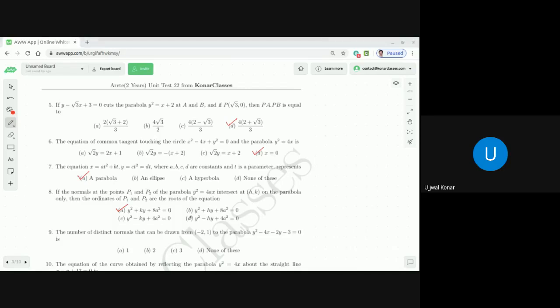Similarly, you can get the other one in the same manner, dear students. The equation of the normal to the given parabola y square equal to 4ax at the parametric point P2, that is (at2 square, 2at2), should be y equal to minus t2 x plus 2at2 plus at2 cube, and both of these are satisfied by the point (h, k).